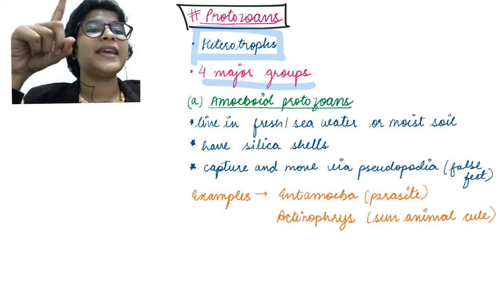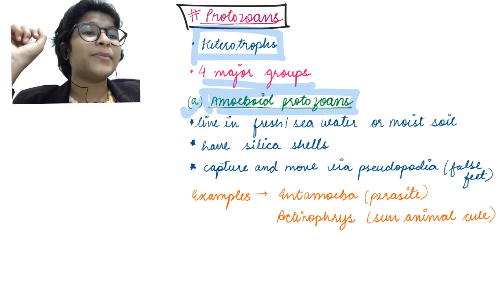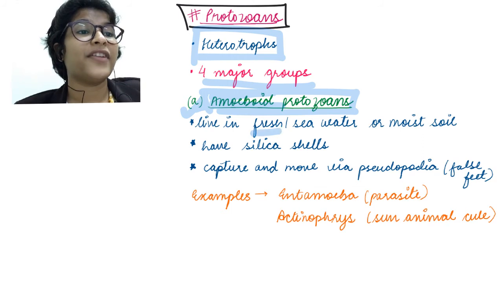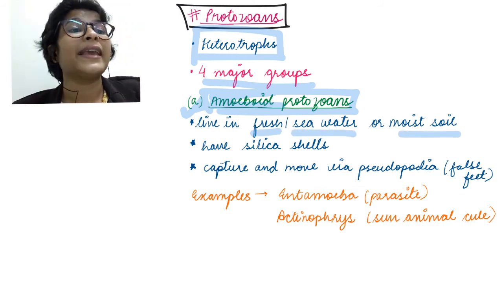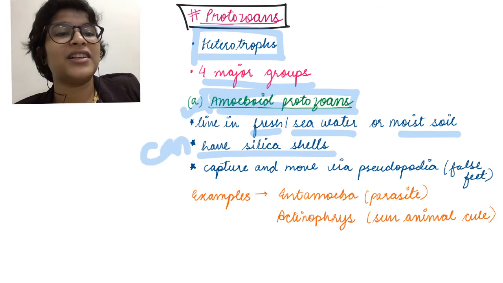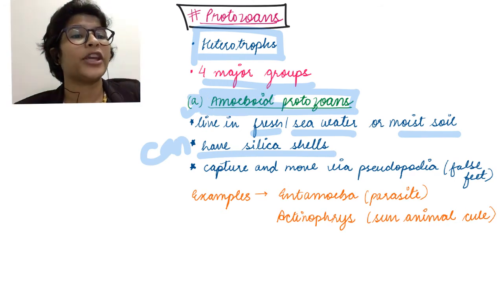The first is amoeboid protozoans, and like the name suggests, amoeboid यानी कि amoeba जैसे हैं. They live in water, that is fresh or sea water or moist soil, and can have silica shells. Not all of them have, but some of them do have silica shells for protection.